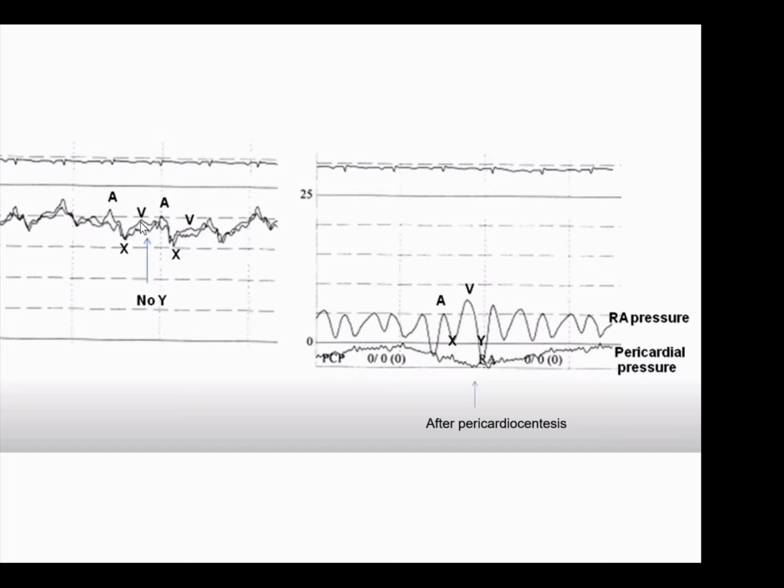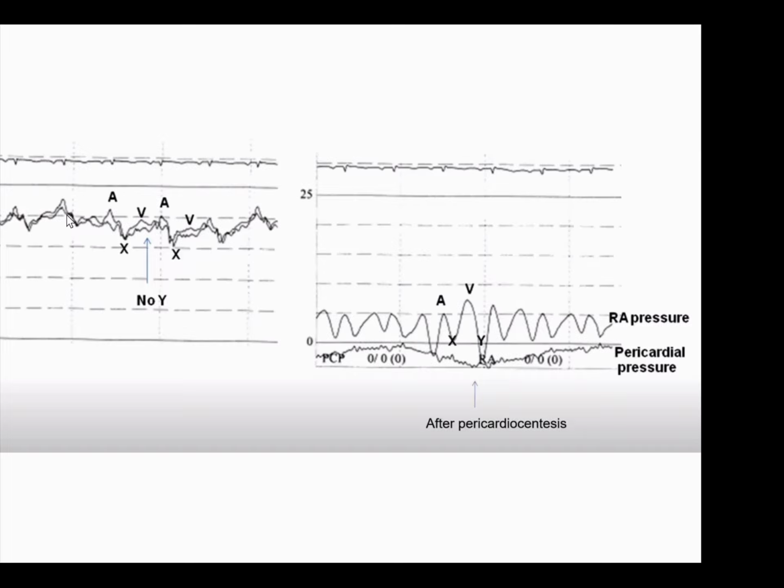Here there will not be any Y descent. So you have to look just after the T wave. After the T wave, there will be a positive wave, the V wave, and after the positive wave, if a descent is absent, then it is an absent Y descent, and that is indicating cardiac tamponade.